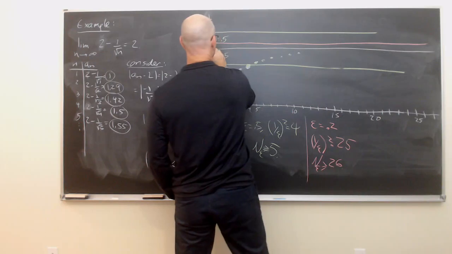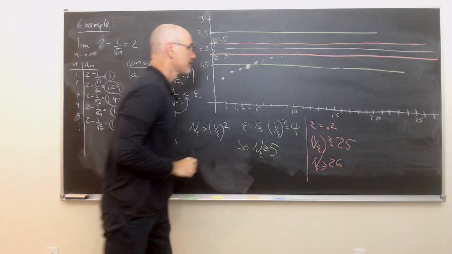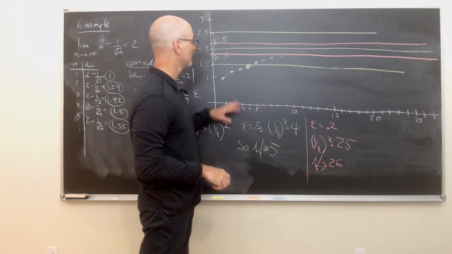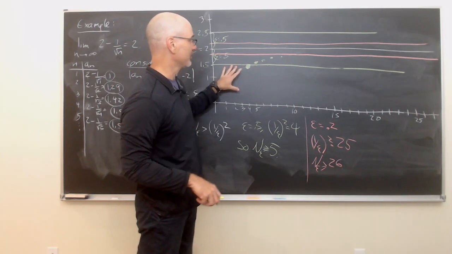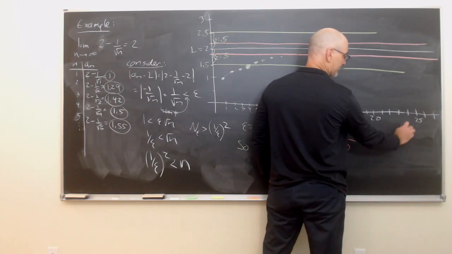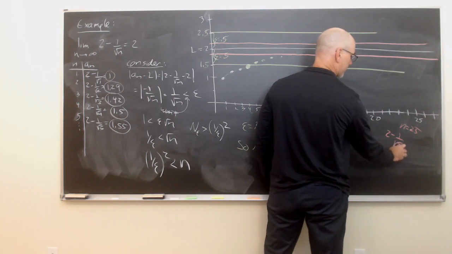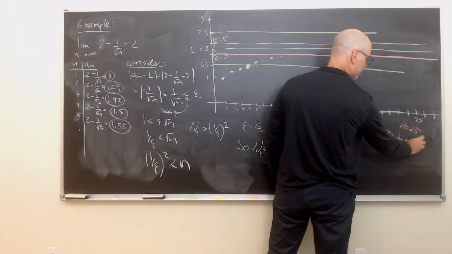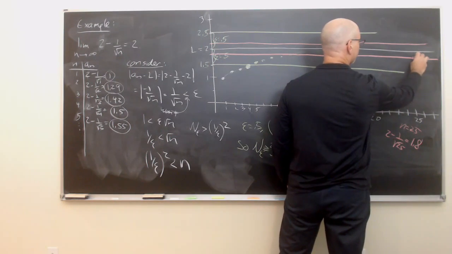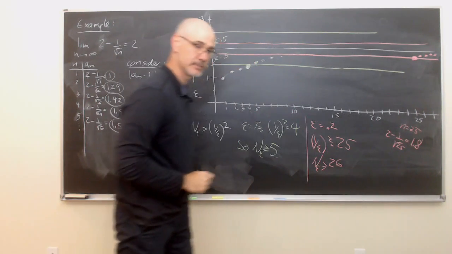It's kind of hard to keep all of these points in exactly the right spot, but what we would see is that if n is equal to 25 over here, then the sequence would be 2 minus 1 over root 25, which would be 1.8, and that is right on the band, and then we would be in it and would stay in it.